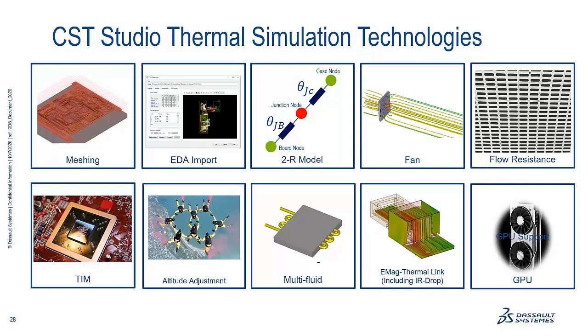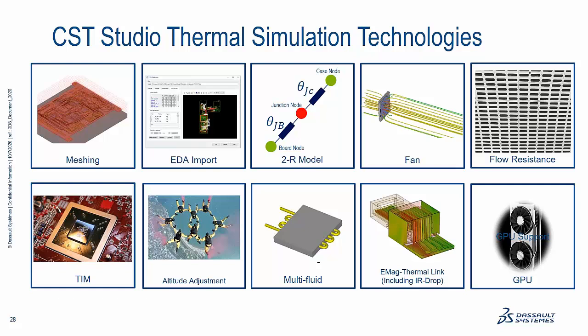You can model the thermal interface material, TIM here. It's not a person, it's a terminology for thermal interface material. And if you're modeling something at high altitude, you can adjust that automatically. And we support multiple fluids to do liquid cooling.